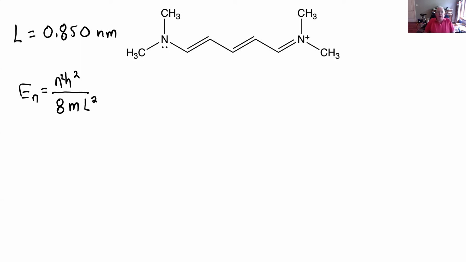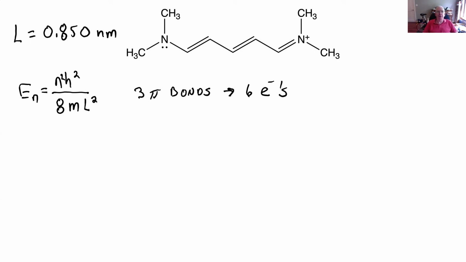I want to figure out what energy levels my transition is actually going to be between, right? And so to do that, the first thing I have to do is figure out how many electrons I'm working with, right? So I want to count the pi electrons. So I've got 3 pi bonds. So that's 6 electrons. And then I've also got a lone pair that's toggling back and forth, right?